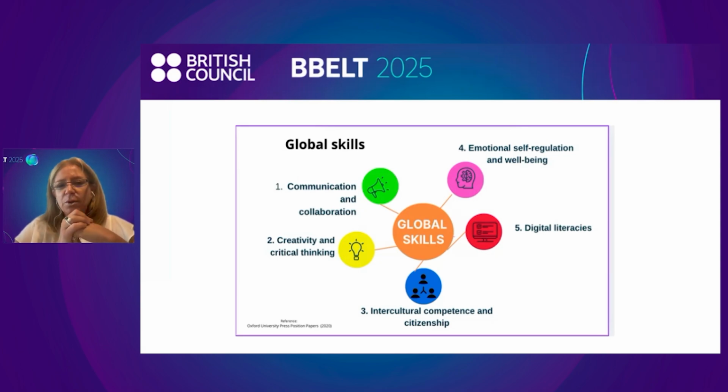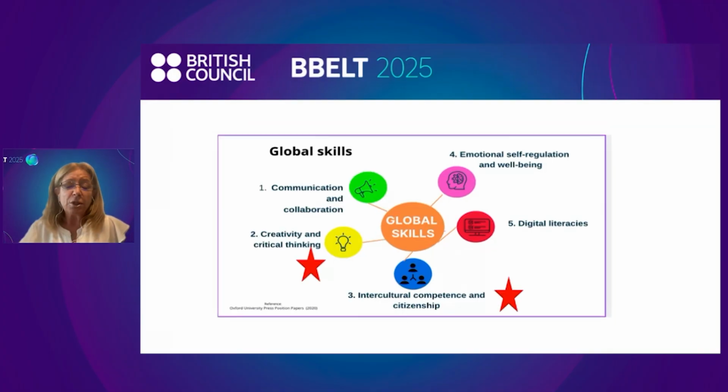And these authors, such as Nikki Hockley and Sarah Mercer, grouped these global skills into five clusters: communication and collaboration, creativity and critical thinking, intercultural competence and citizenship, emotional self-regulation and well-being, and digital literacies.